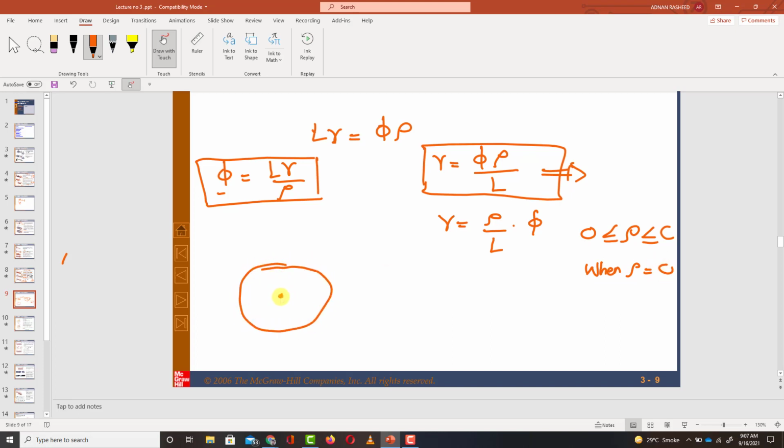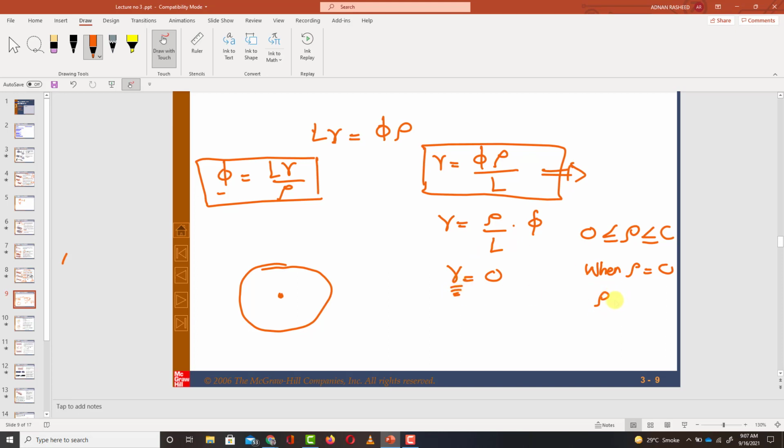So shear strain will be 0. It means there is no deformation in the center, so the center line will remain the same. But if rho is not equal to 0, there will be a shear strain.